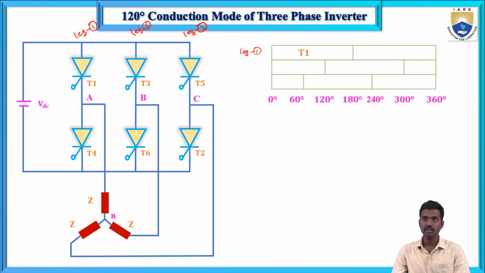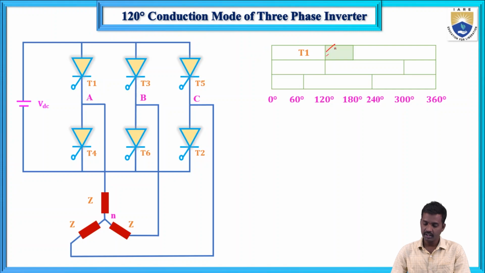Now here first, T1 thyristor in the first leg, so this is leg 1, the first leg T1 thyristor conducts. Here assumption number four, each thyristor conducts for only 120 degrees. So here T1 conducts up to 120 degrees only.